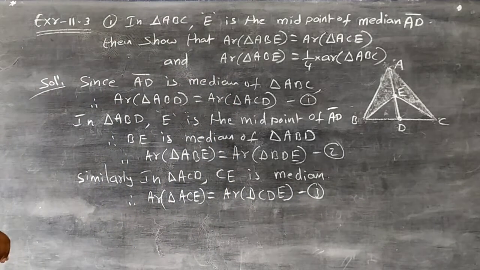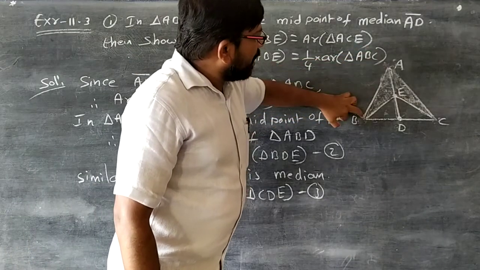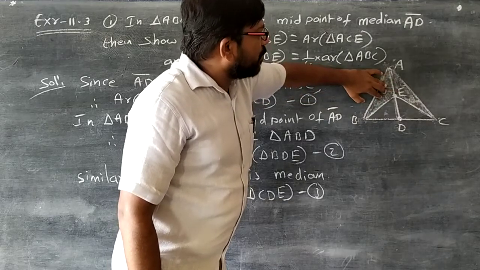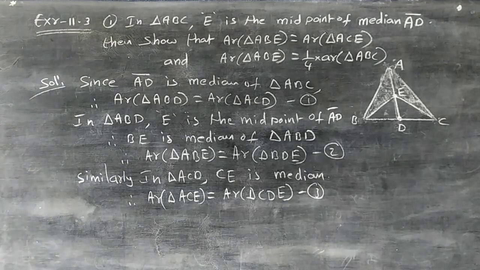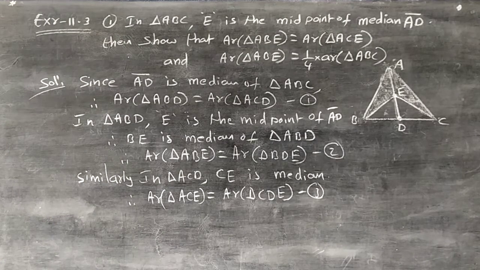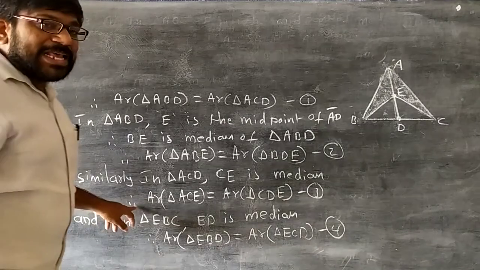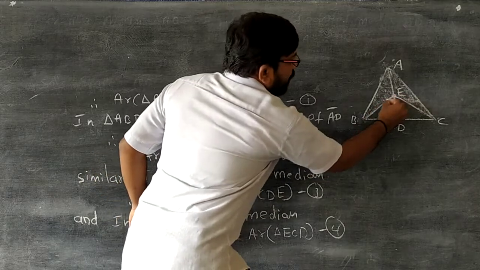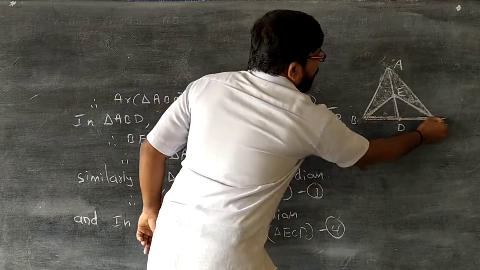So observe carefully. Here we have to prove the area of triangle ABE is equal to the area of this triangle. Yes, and in triangle EBC, D is the midpoint of BC.